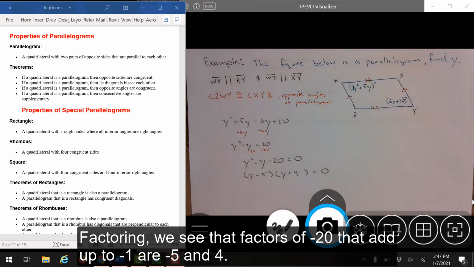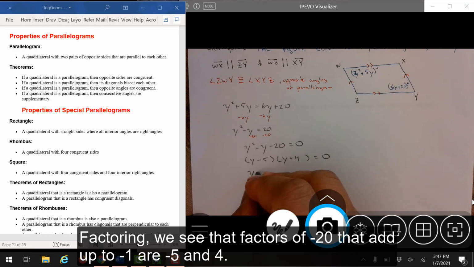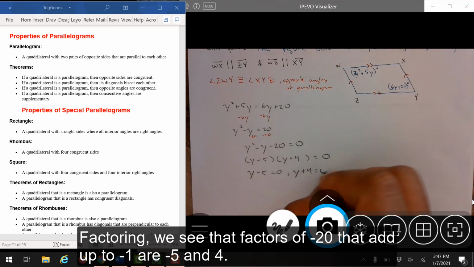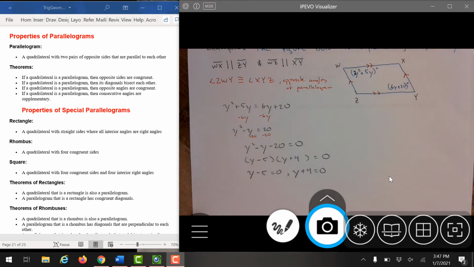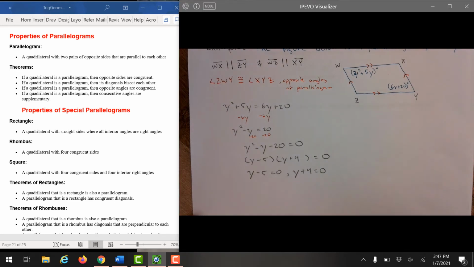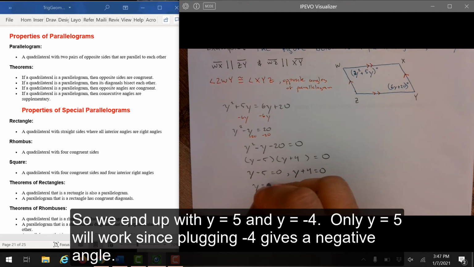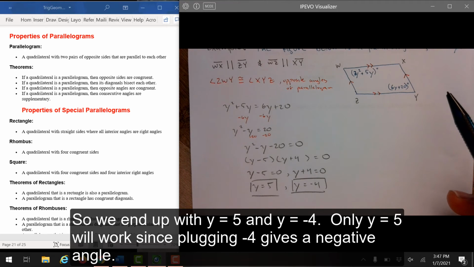Factoring, we see that factors of -20 that add up to -1 are -5 and 4. So we end up with y equals 5 and y equals -4. Only y equals 5 will work since plugging in -4 gives a negative angle.